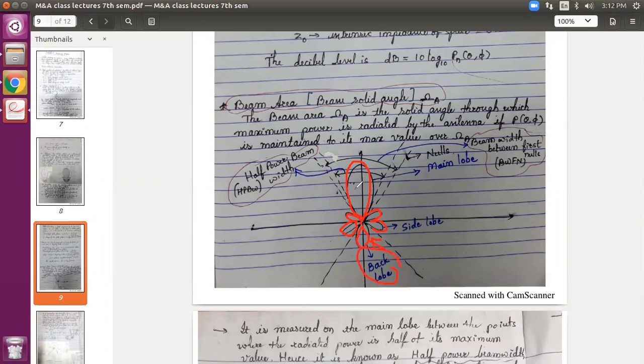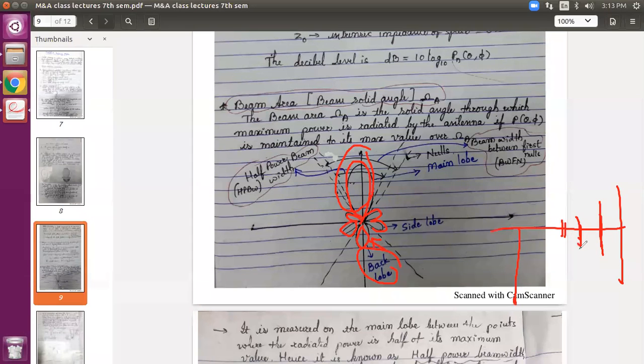Out of this, the important parameter is this main lobe, because whatever measurements are done, they are through this main lobe only. For example, in earlier days, when TV sets used to be installed at your houses, you might have observed this kind of structure on your terrace roof, okay, something like this. This is one kind of antenna.